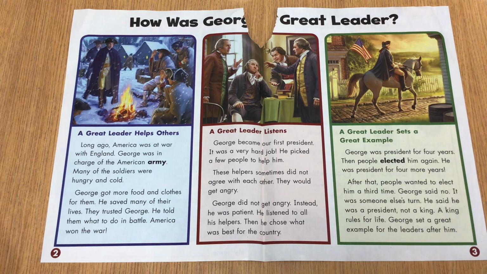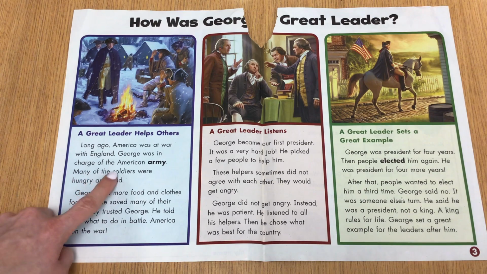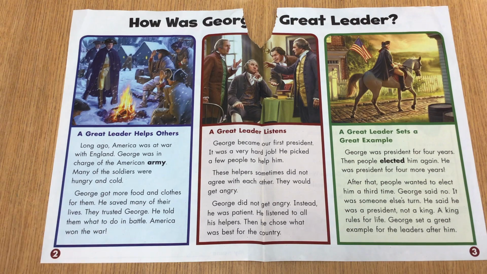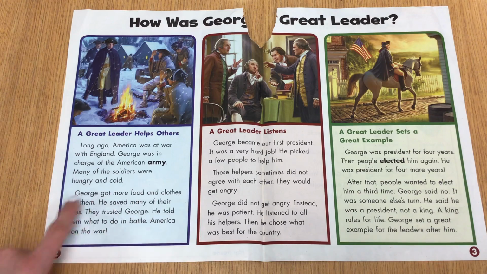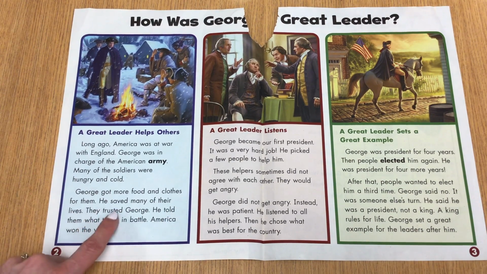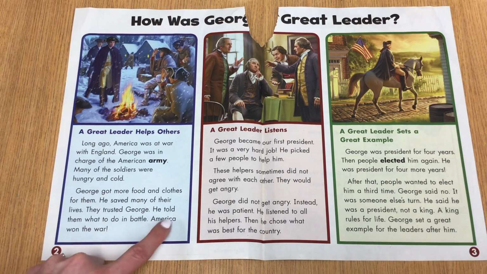Long ago, America was at war with England. George was in charge of the American army. This is where I am right here. Many of the soldiers were hungry and cold. George got more food and clothes for them. He saved many of their lives. They trusted George. He told them what to do in battle.